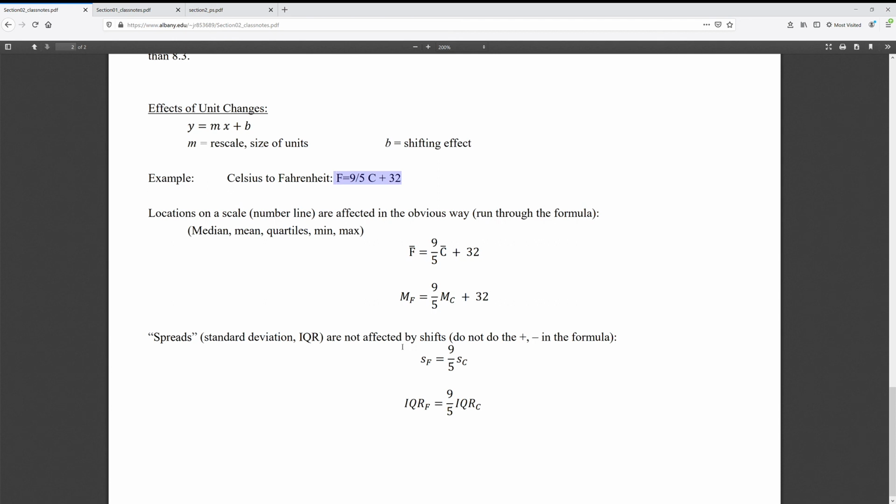Now, if it's bothering you that F minus 32 in parentheses times 5/9 is not quite this form, well, don't worry about it. The bottom line is you do the multiply divide in the formula for everybody. The add subtract you don't do for standard deviation and IQR.